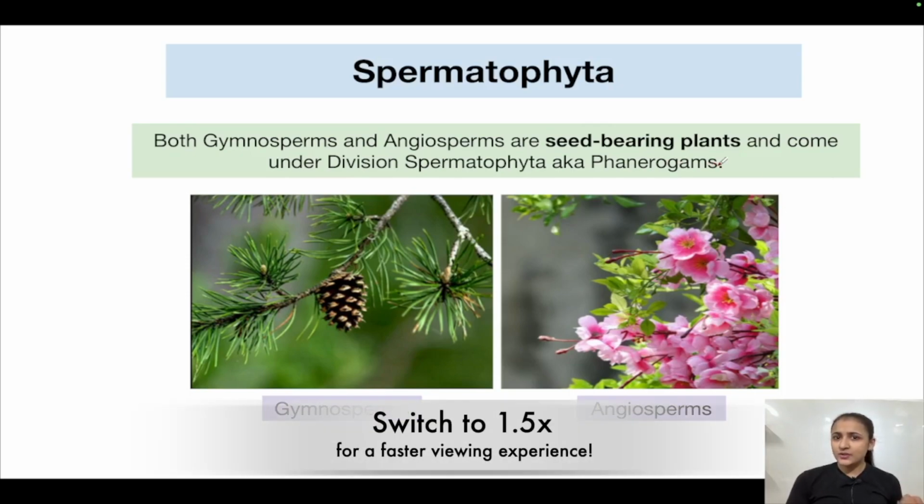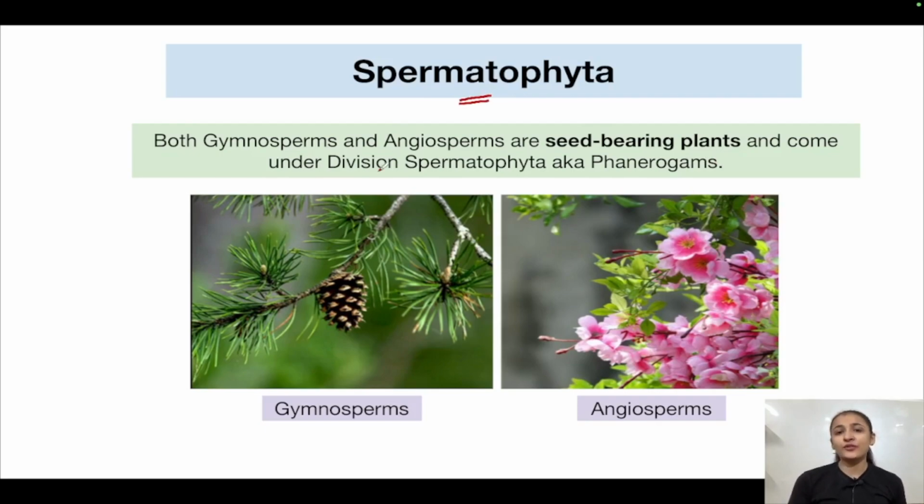Before introducing Gymnosperms, we need to understand what is Spermatophyta. As we all know, Gymnosperms and Angiosperms are both known as seed-bearing plants. The term seed-bearing plants can also be called Spermatophyta, because if we break down the term, sperma means seed and phyta means plants.